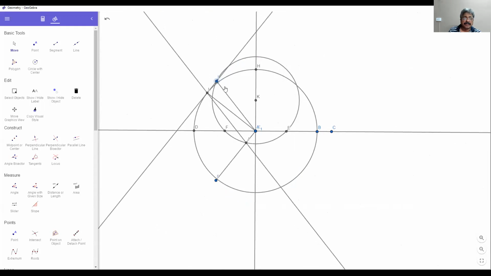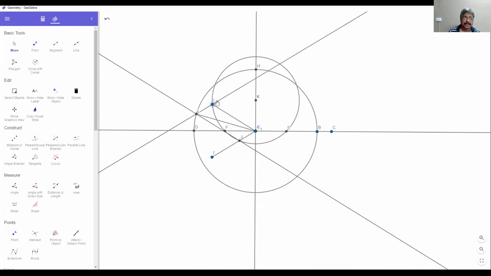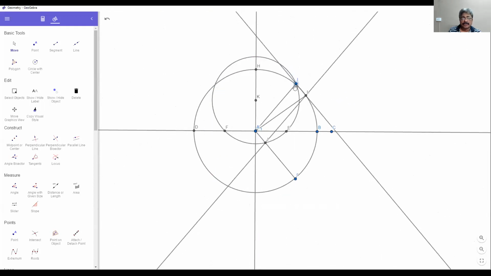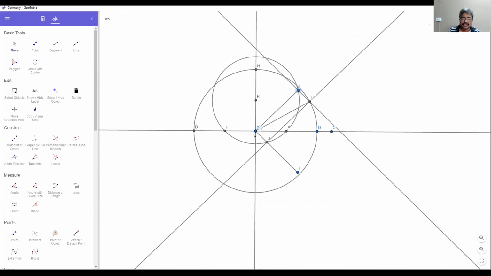And you see this side also it is happening. As far as the product of these two distances A dash I into A dash J is concerned, it is going to be equal to 1, because PA PB is equal to PC PD. A dash E into A dash F is equal to A dash I into A dash J. So if this distance is small r, then this distance is 1 upon r. That is what is proved.